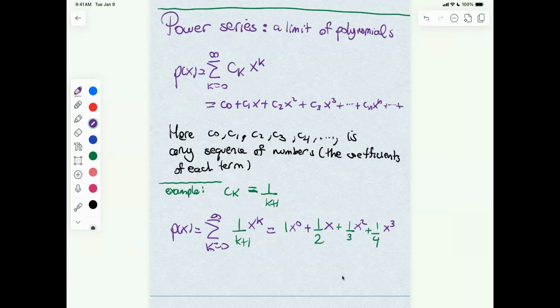It keeps going: 1/5 x to the 4 plus 1/6 x to the 5, forever and ever. So you would have 1 over n plus 1 times x to the n, and it keeps going.